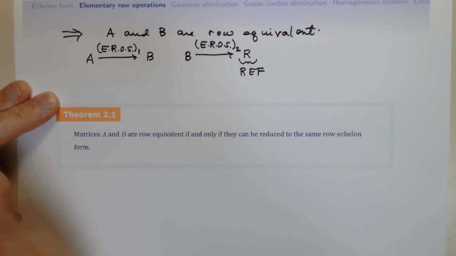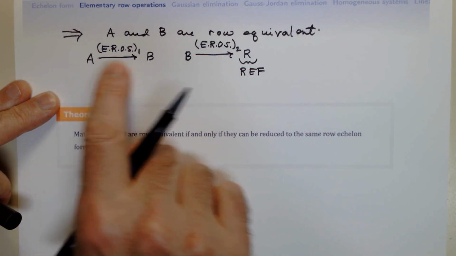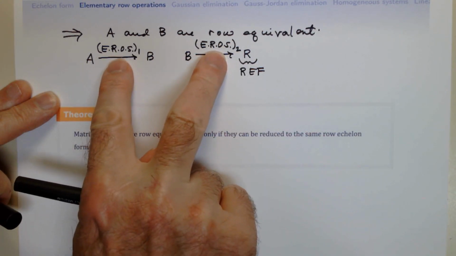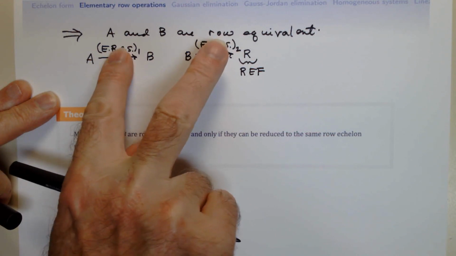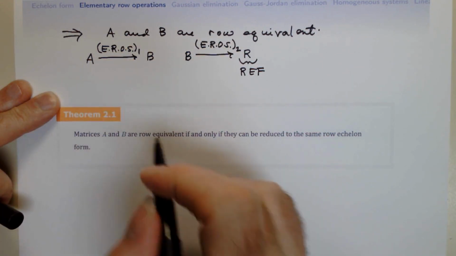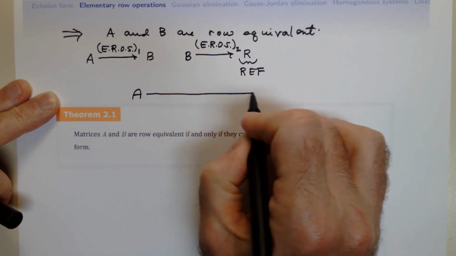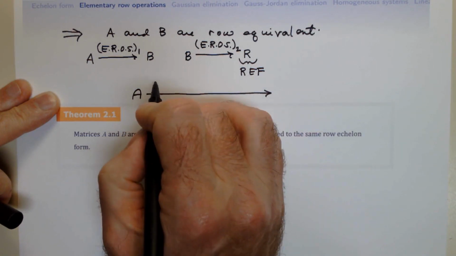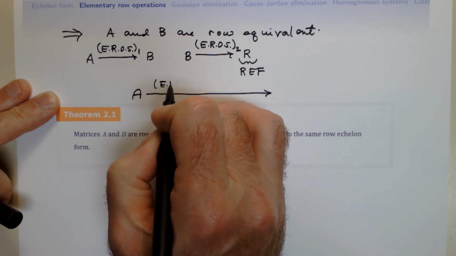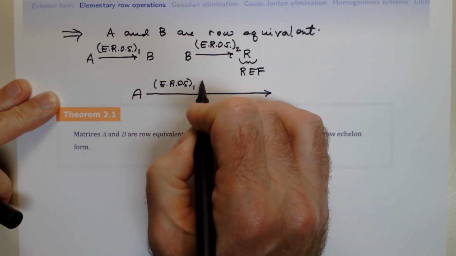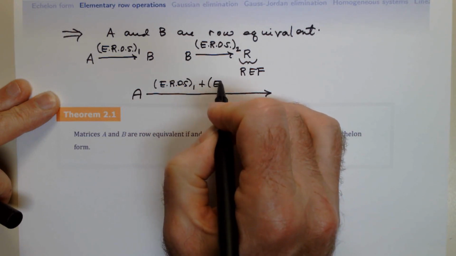Now, I want to show that I can also carry A to R. And all I have to do is follow recipe 1 by recipe 2. So if I take the matrix A, I'm going to need a very long arrow for this. And I first apply recipe 1, and then follow it by recipe 2.